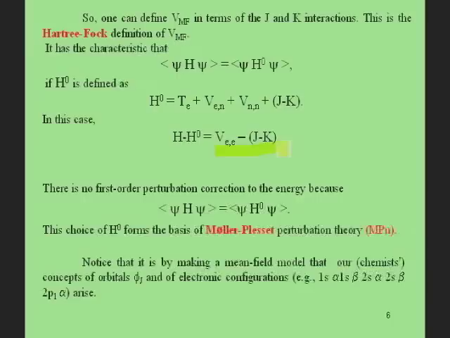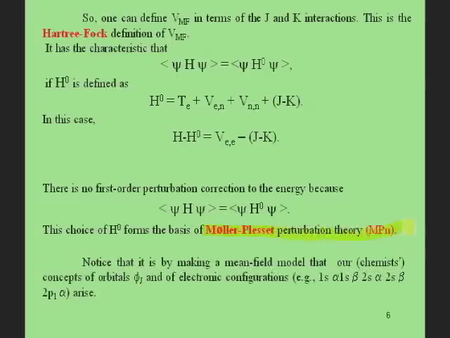That makes it so that in Hartree-Fock theory, the first order correction to the energy vanishes. And you say, well, that's good because maybe the theory has converged. No, because the second order, third order, fourth order, and fifth order don't vanish. But that's just one of the observations about Hartree-Fock theory: there's no first order correction to the energy.